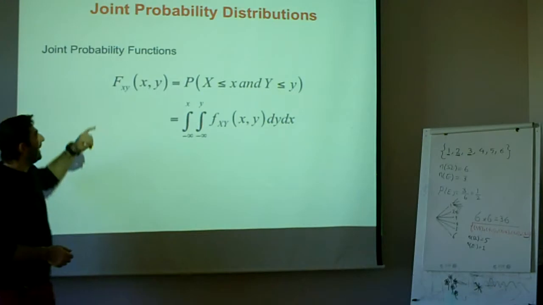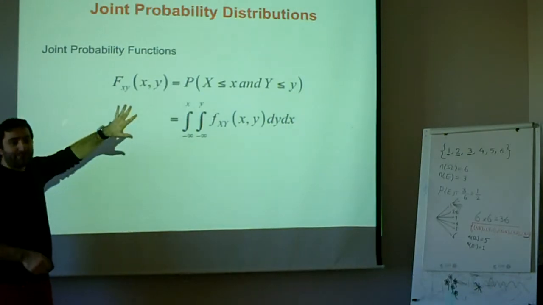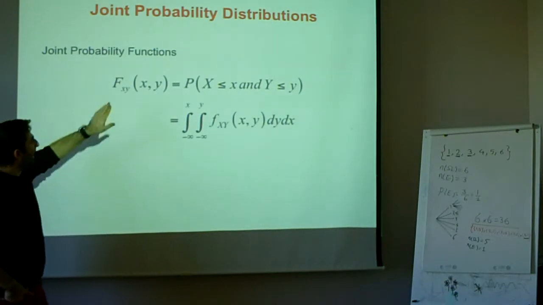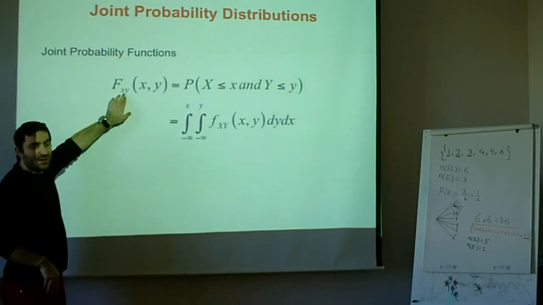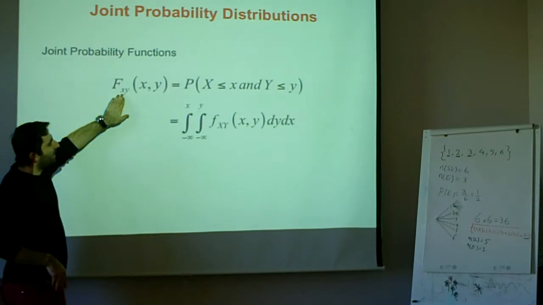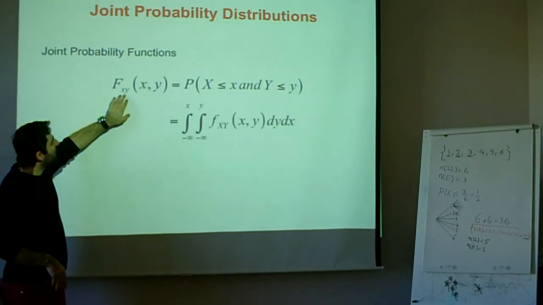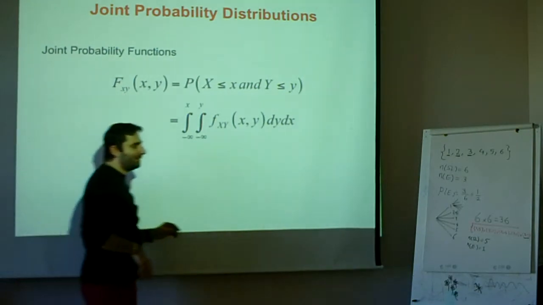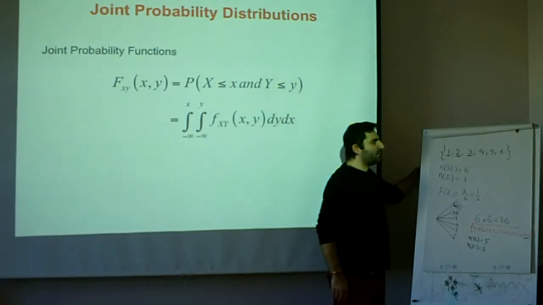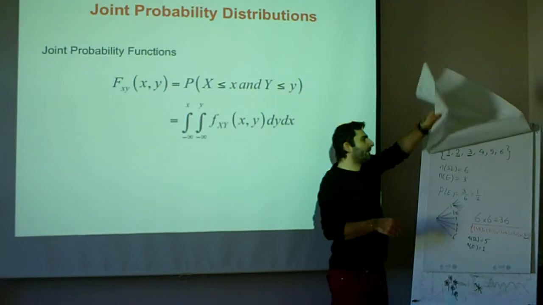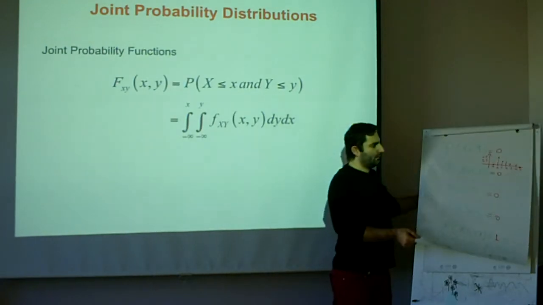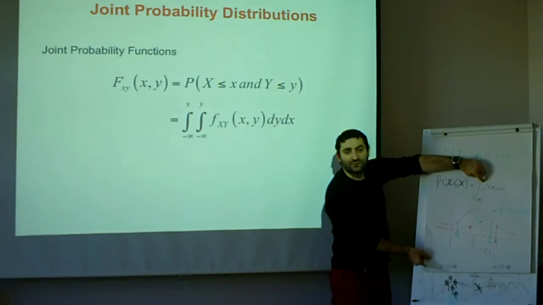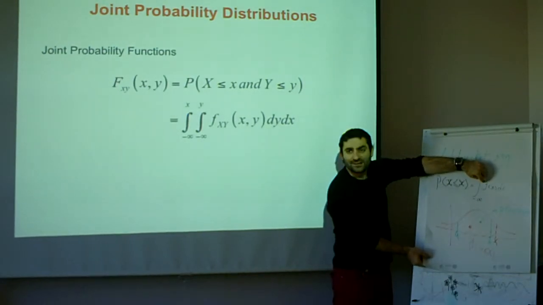If an event that we have has two random variables, we say that it has a joint probability distribution function, and we show it by f with index x and y. If you notice in the previous formulations, we had only a one-variable function, and we called it f of x.